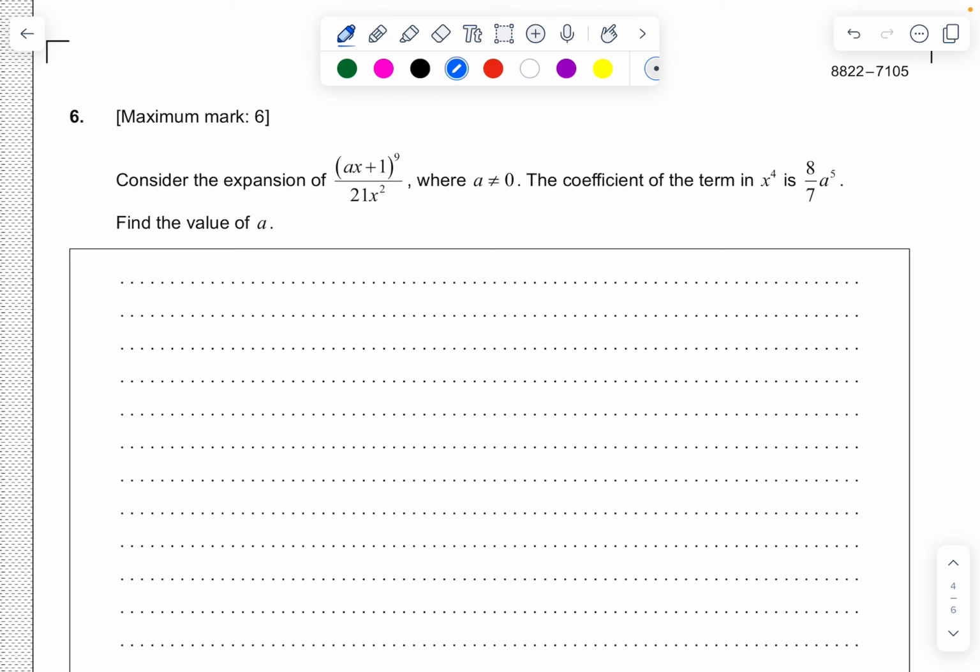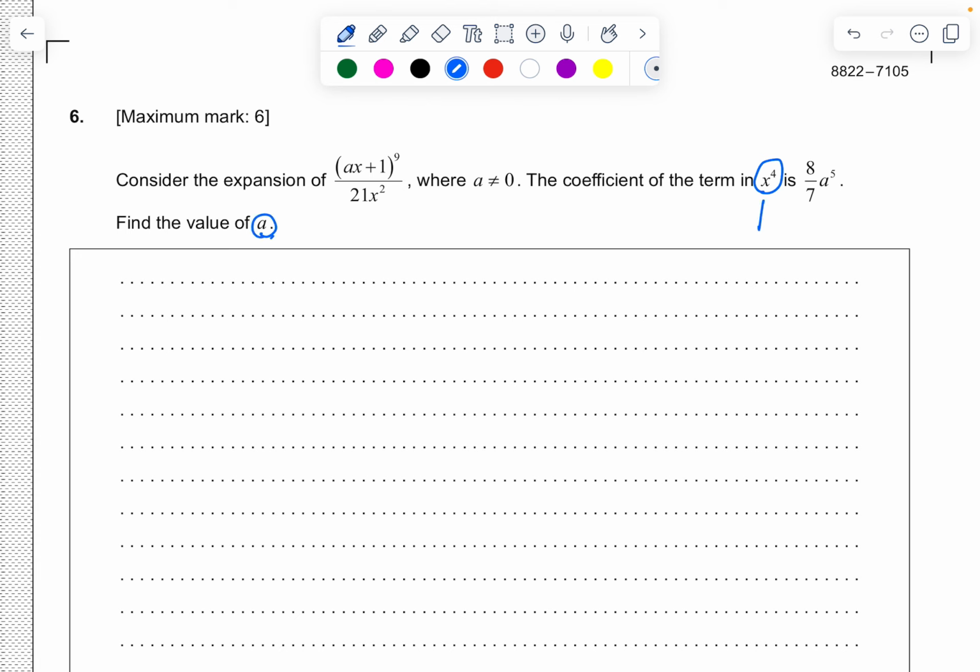Question number 6. Consider the expansion of (ax plus 1) whole power 9 over 21x to the power of 2, where a is not equal to 0. The coefficient of the term x power 4 is 8 over 7, a to the power of 5. Find the value of a.